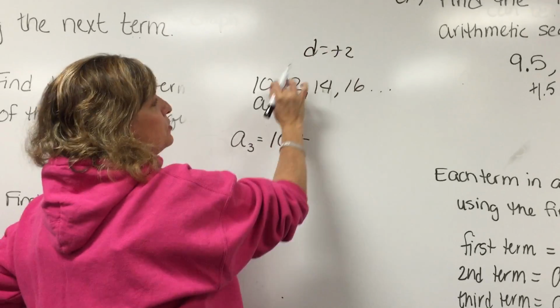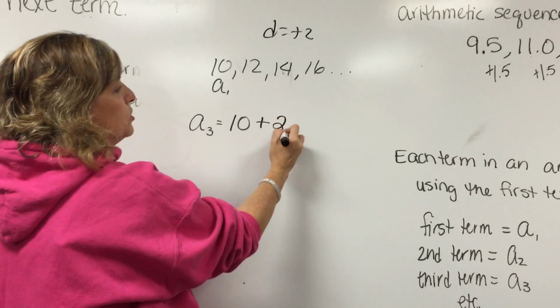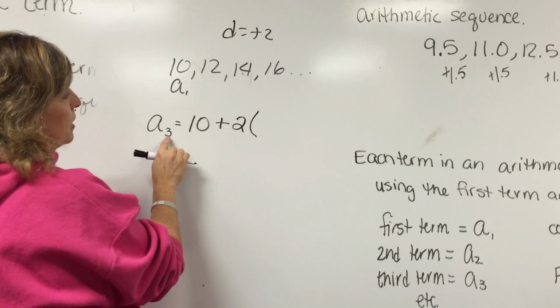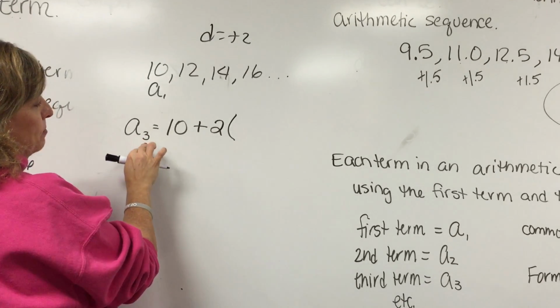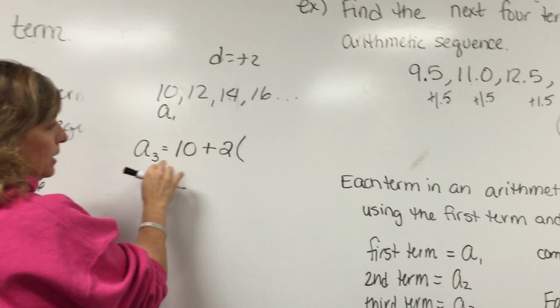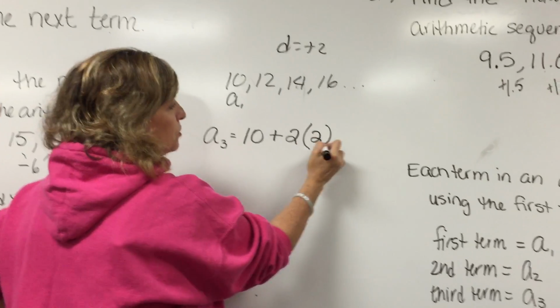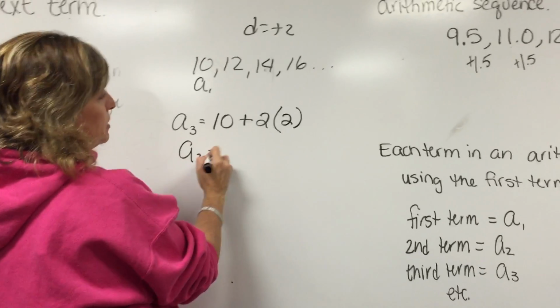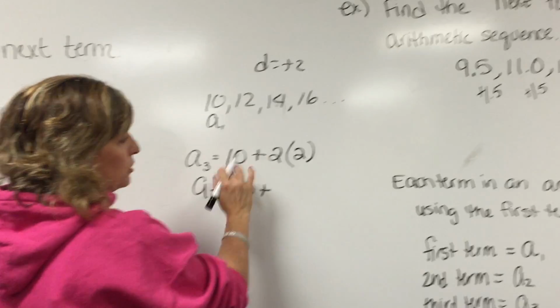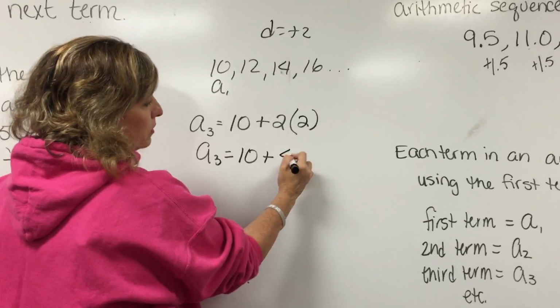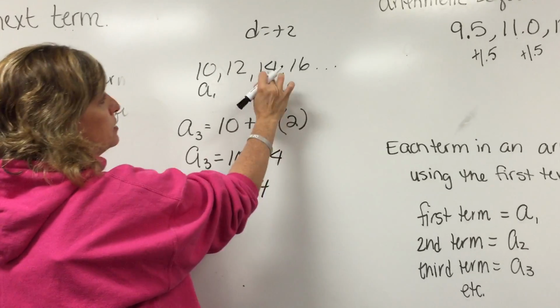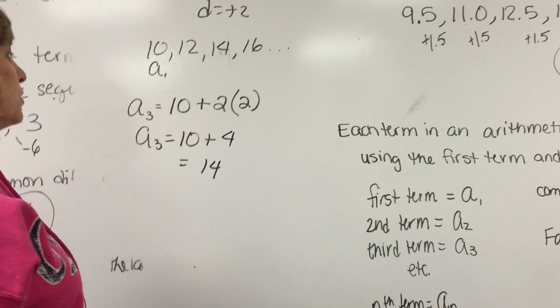If you notice, I added 2 each time. So it's going to be 2 times my n minus 1. N minus 1 is 3 minus 1. 3 minus 1 is 2. So my third term in this sequence should be 10 plus, using PEMDAS, 4, which is 14. And you notice that 14 is my third term.